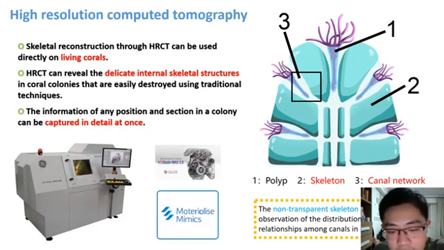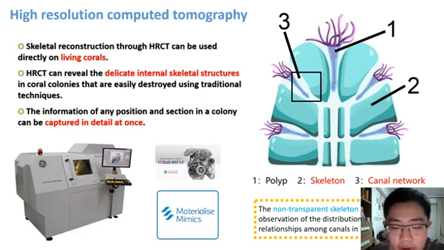In recent years, with the development and popularization of HRCT, researchers have reviewed the morphological and internal structures of coral branchlets and also investigated coral skeletal structures and exogenous influences on coral skeletons.